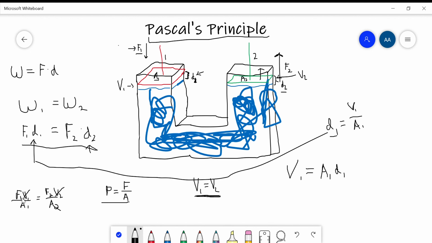And keep in mind, F1 over A1 represents the pressure the person put on the red piston, and F2 over A2 is the pressure put on by the water onto the green piston. So we can say that pressure 1 is equal to pressure 2. So the pressure that you put on an object is equal to the pressure that goes out of the object, and that is Pascal's principle. Hopefully this was helpful.